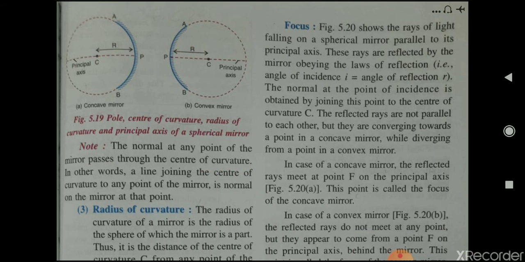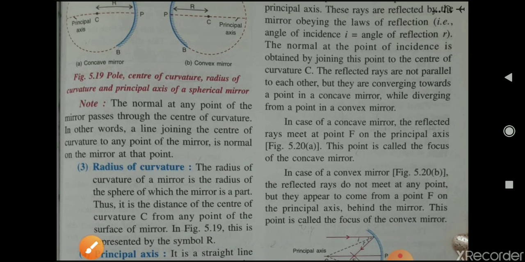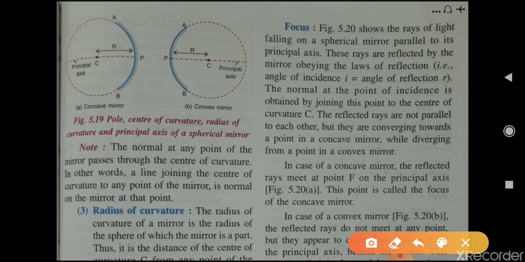Now radius of curvature. The radius of curvature of a mirror is the radius of the sphere of which the mirror is a part. Thus it is the distance of the center of curvature from any point on the surface of the mirror, and it is represented by R. Here you can see this is the radius of curvature.